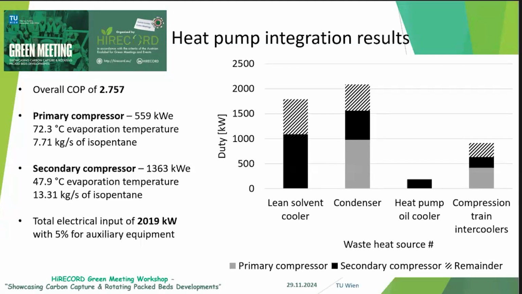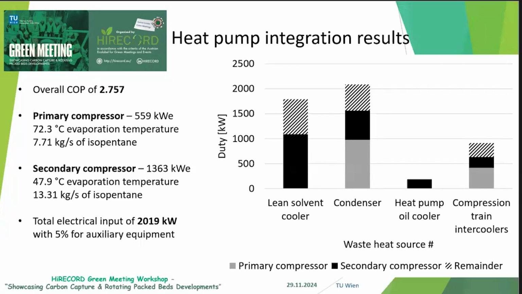As you can imagine, for example, the lean solvent cooler has a temperature glide from say 70 to 40 degrees, and I choose to extract some of the heat at, in this case, only 50 degrees, and then the rest of the heat is dumped to the conventional means of cooling, so probably a water circuit or something.